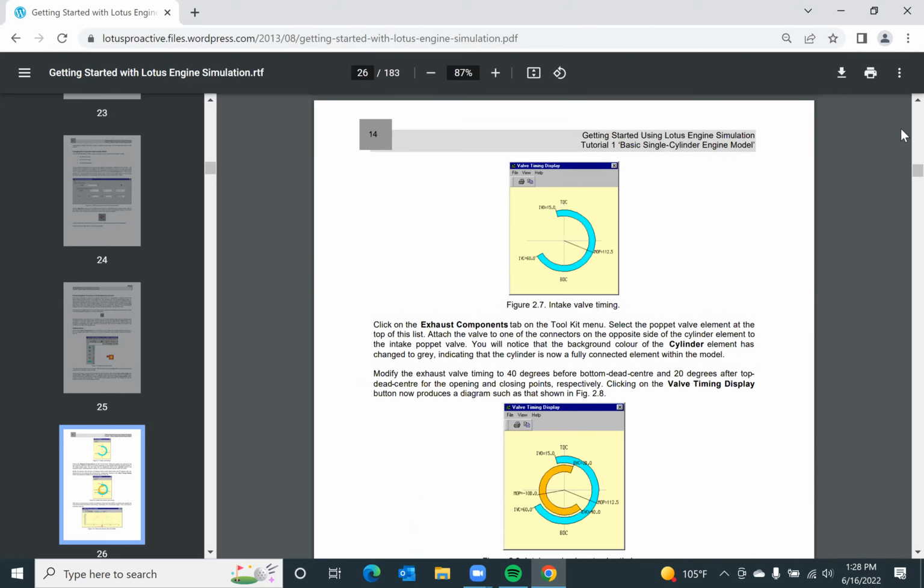So then what you do is you go down, and then what you add to it is the exhaust valve. Again, same issue with the exhaust valve. The exhaust valve should open at the beginning of the exhaust stroke and should close at the end of the exhaust stroke.